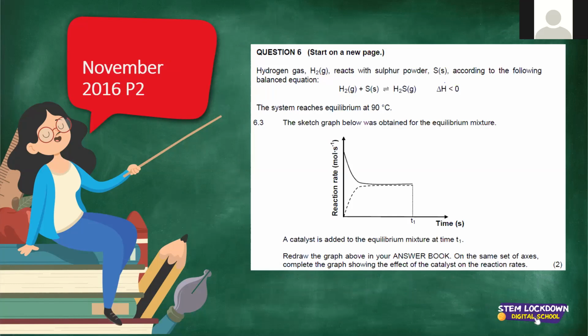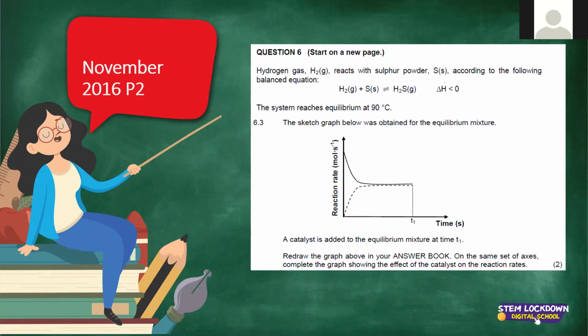Okay, then I just quickly want to show you what they could ask you in an exam paper. This was out of the 2017 paper, if I'm not mistaken, or 2016. The question goes, you've got hydrogen gas. It reacts with sulfur powder according to the following balanced equation: hydrogen plus sulfur gives you hydrogen sulfide. And then they tell you the delta H is less than 0, so it means it's exothermic.